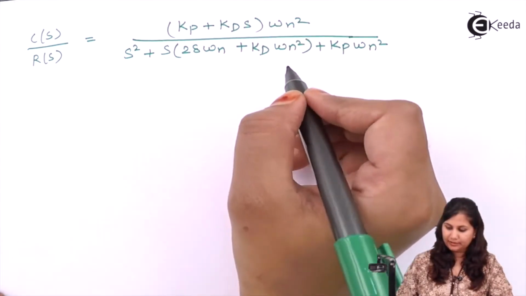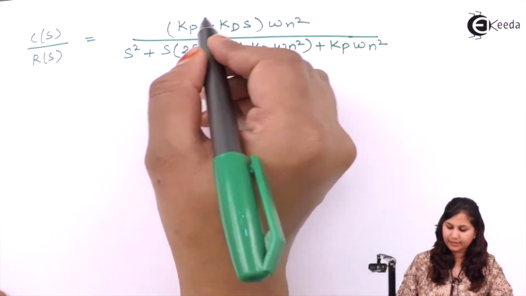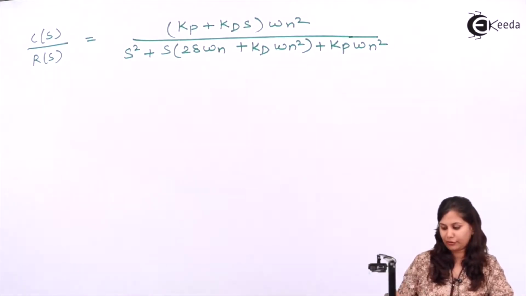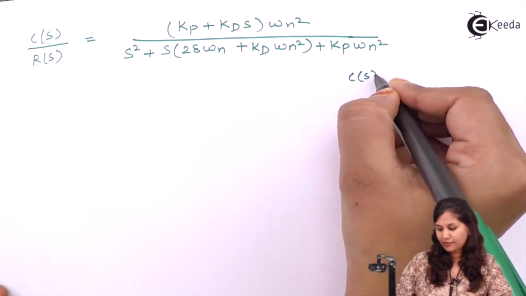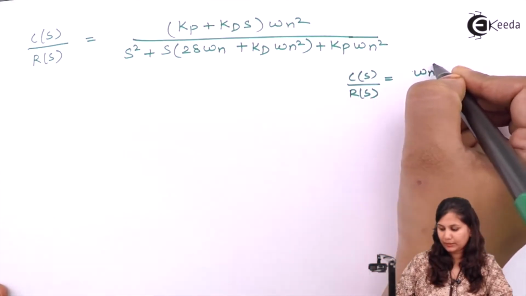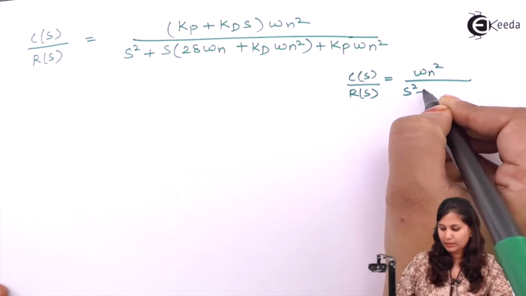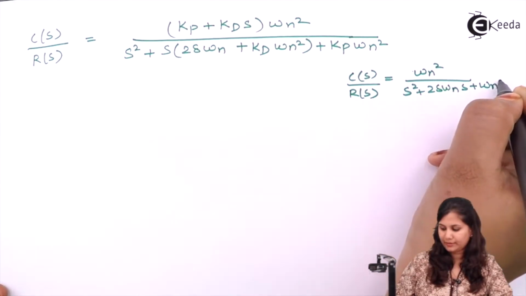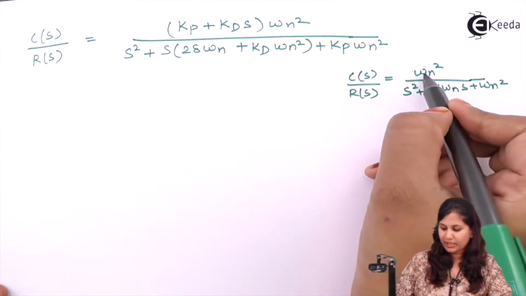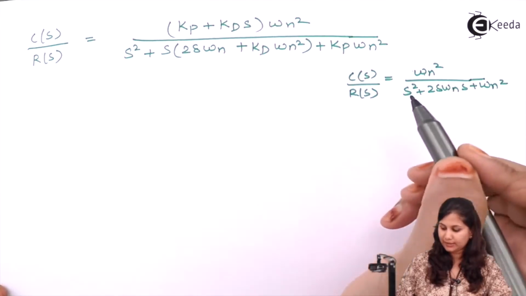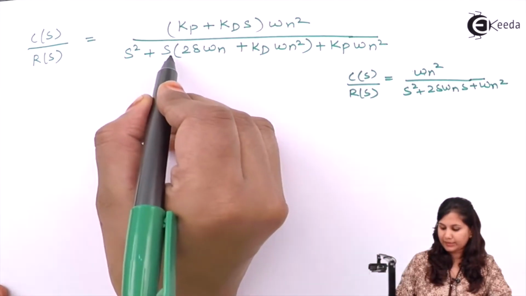Now we see that this is a modification of the second order control system transfer function. The transfer function of a second order control system is C(s) upon R(s) equals omega n square upon s square plus 2 delta omega n s plus omega n square. Here omega n square is the additional term which is multiplied, then we have s square plus s.